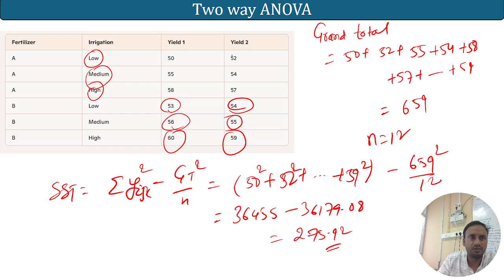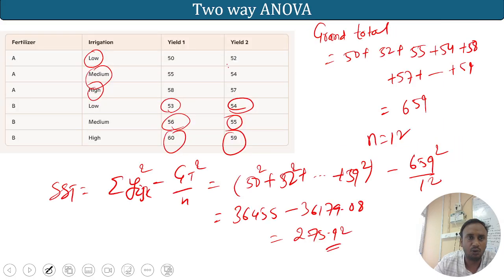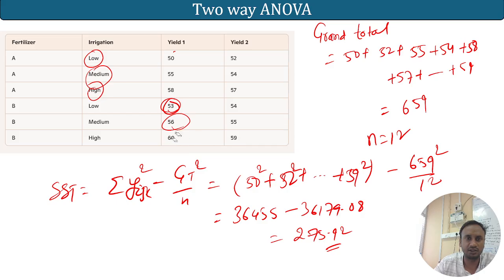Low. The total of low: 50 here, 52 here, 53, 54. I'll tell you how it's coming. Don't get confused.